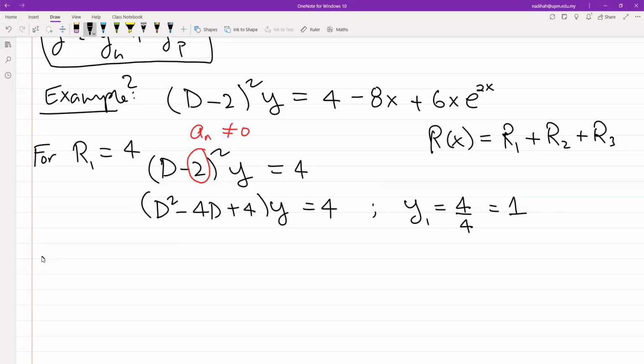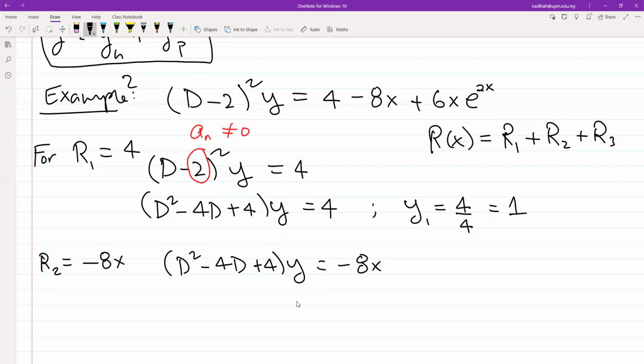Okay, and then you have R2 equals minus 8x. And then you have D squared minus 4D plus 4 of y equals minus 8x.